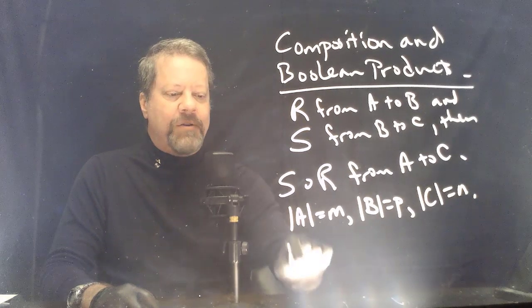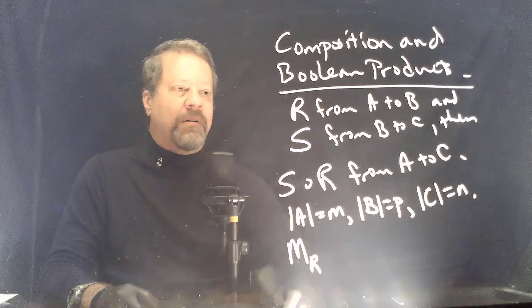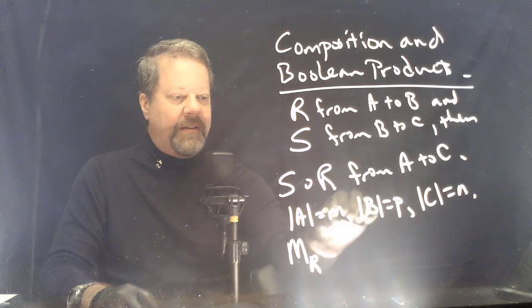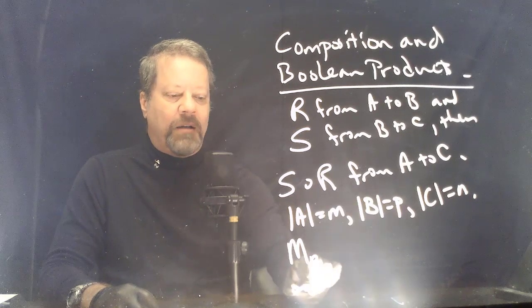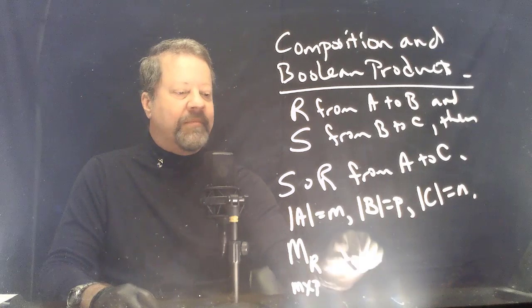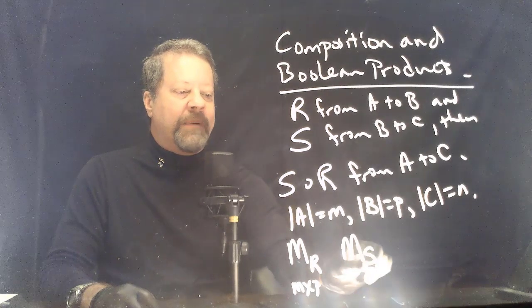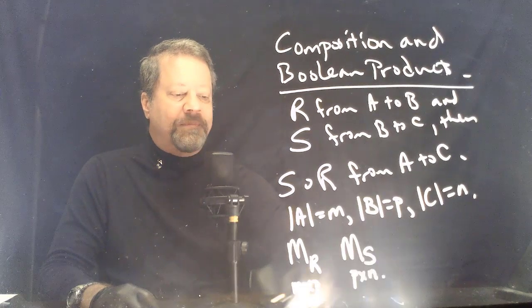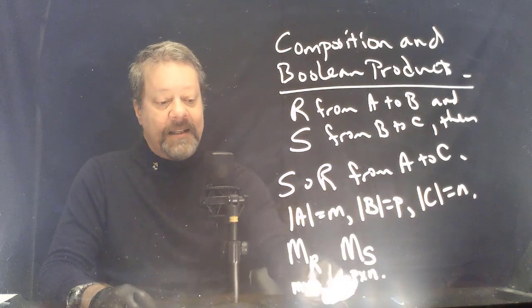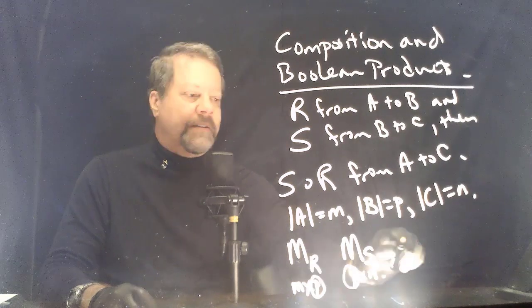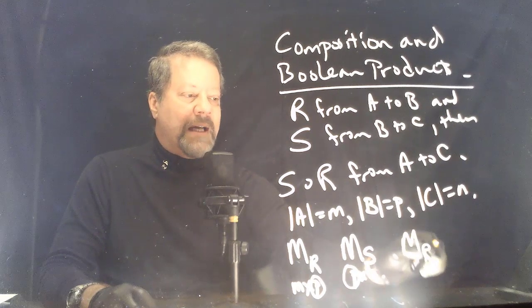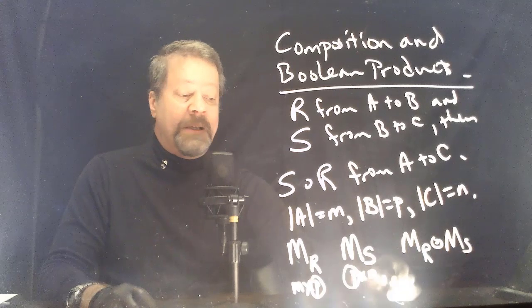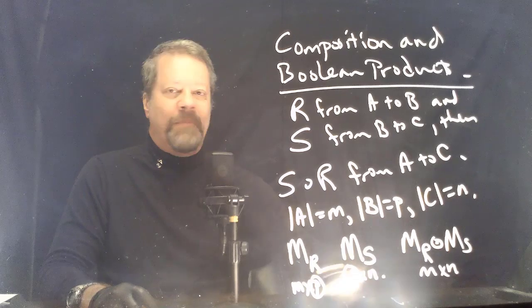Let's look at the matrix for the relation R. This relation will have m rows and p columns. It'll be m by p. The matrix for the relation S will have p rows and n columns. It'll be p by n. Which means that since these match, the product M_R Boolean times M_S will be defined and will yield an m by n matrix.